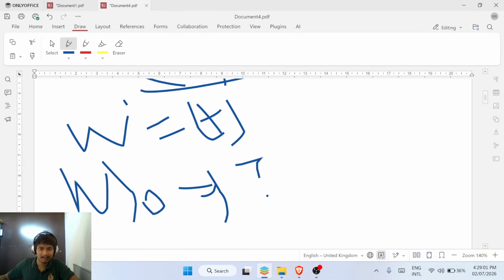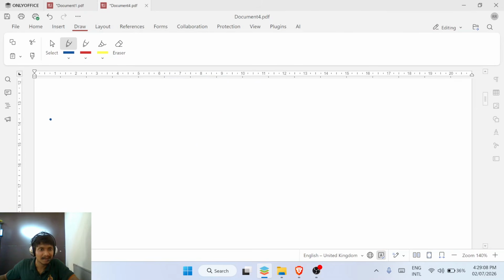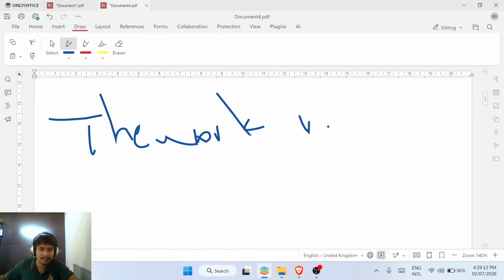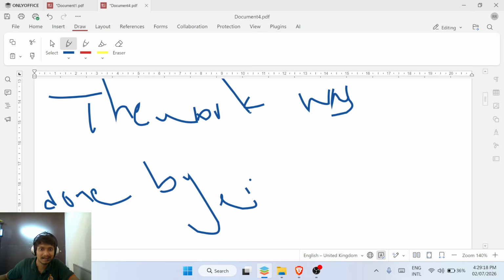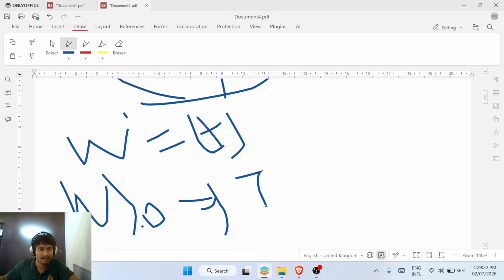Therefore, the work done by the engine per kilogram of working fluid is W equal to plus 250 kilojoule per kilogram.